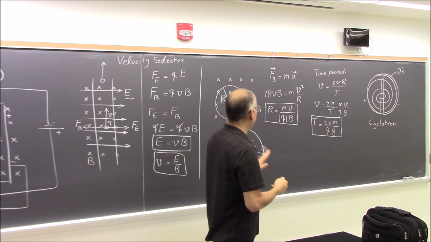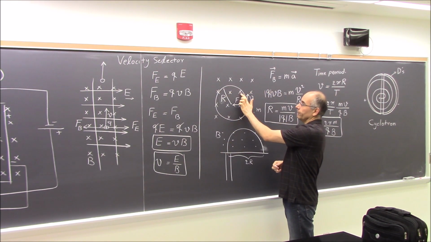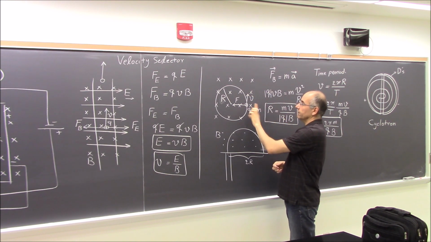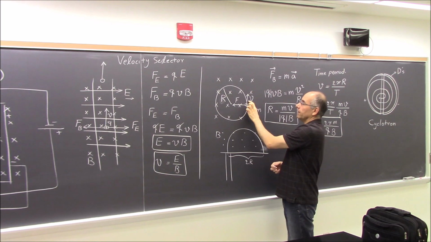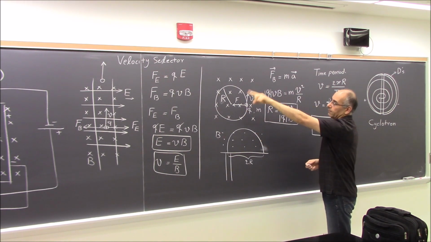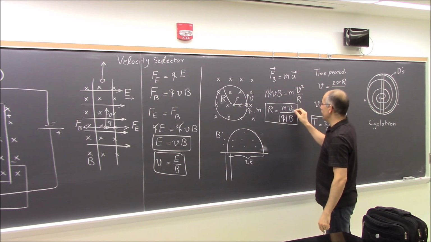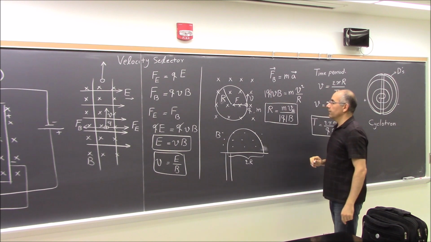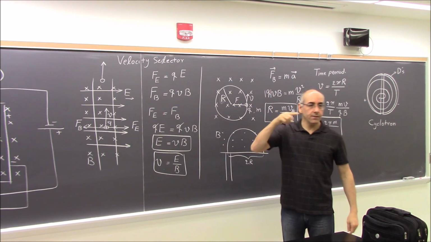Of course, if instead of being perfectly perpendicular to the magnetic field, you're not perpendicular, then the perpendicular component of the velocity makes it go on a circle, and it also goes with the other component of velocity.